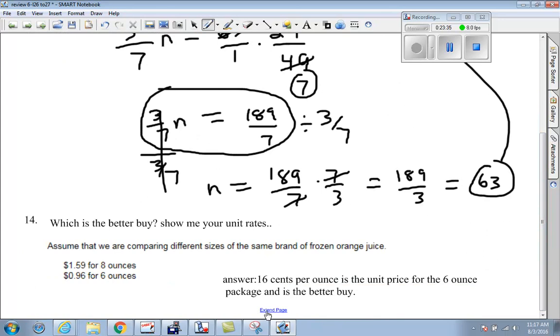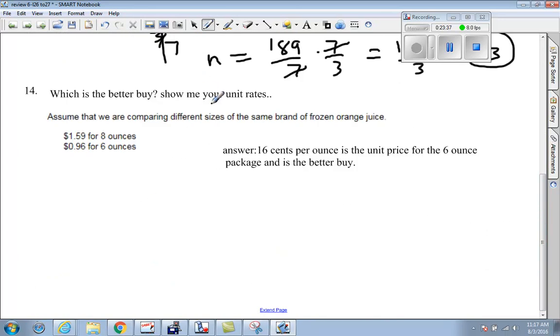Okay, this next one I had to put in here is a very common problem when you're dealing with unit rates, is the better buy problem. So what's a better buy when you're shopping? Let's say $1.59 for 8 ounces or 96 cents for 6 ounces. So some people automatically assume, you know, that the more ounces is better. Not necessarily. You have to look at the unit rates.